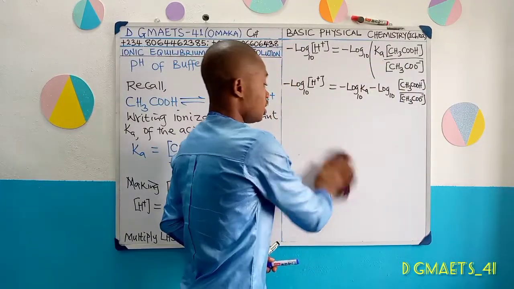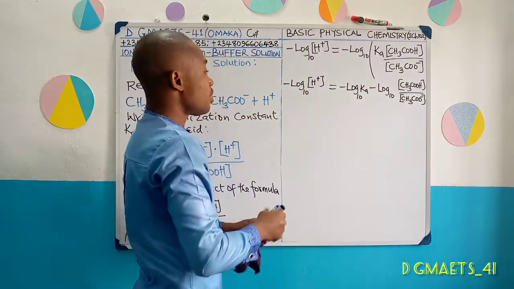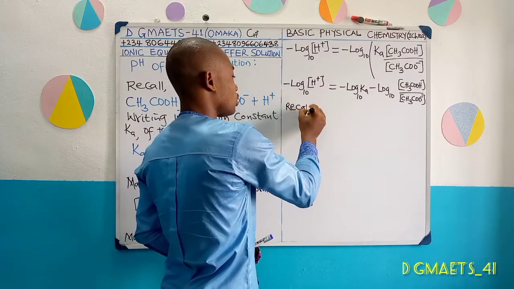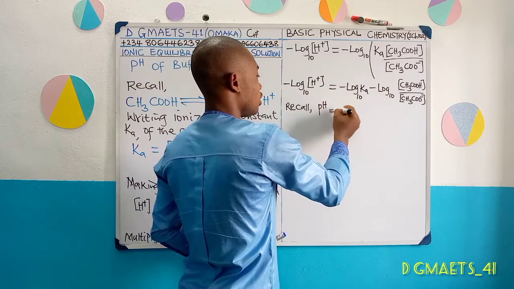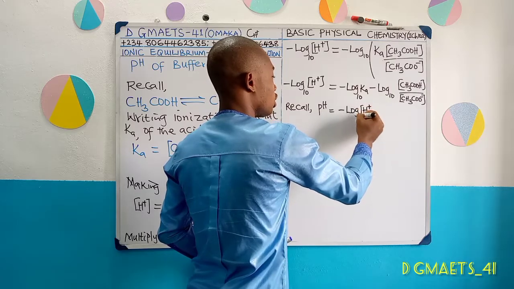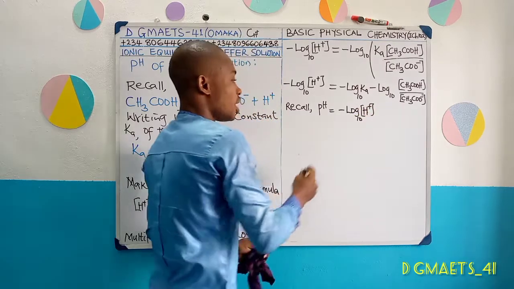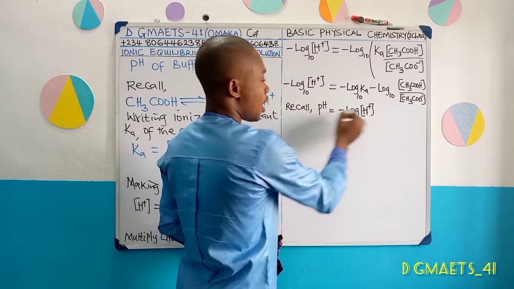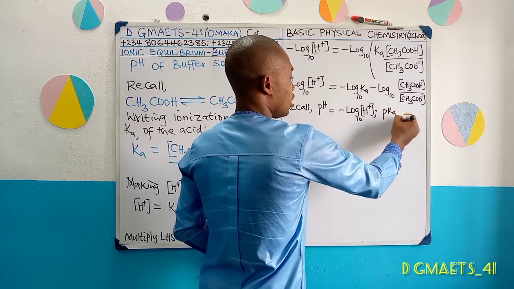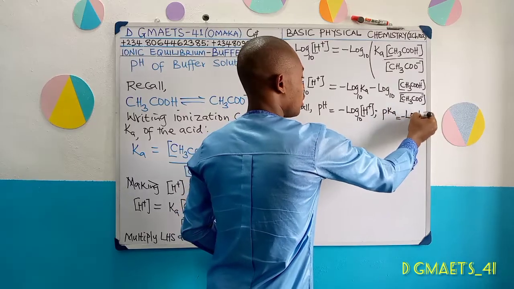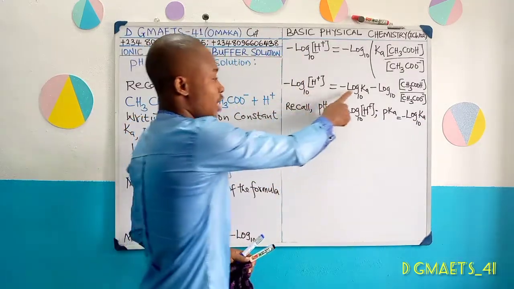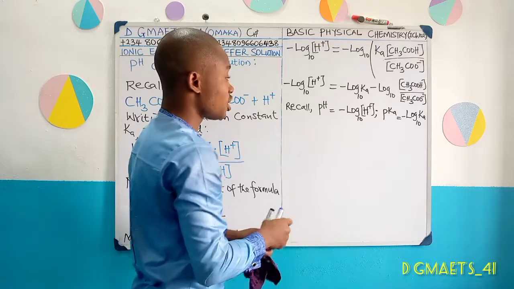Okay, make we dey see wetin this one will come give us now. We remember say this thing na pH. So I go write am, recall pH dey the same like minus log of hydrogen ion concentration base 10. Then I also know say pKa na minus log Ka come put base 10. So I know wetin I go use replace here. Make I replace am, see wetin e go give us.